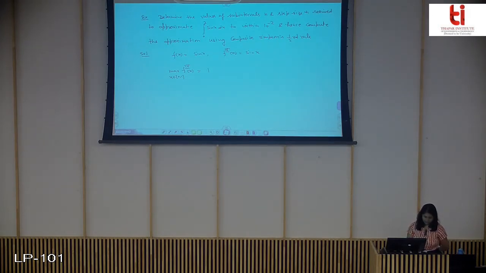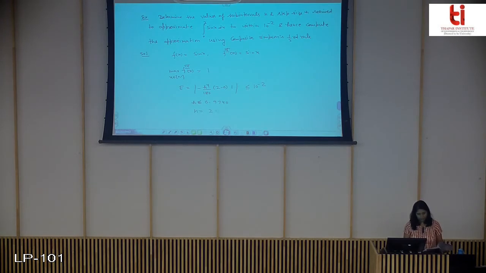And the error will be minus h to the power 4 upon 180 times b minus a, where b minus a is 2 minus 0, times the maximum value, and that should be less than or equal to 10 raised to minus 2. The value of h can be computed from here. The value of h is 0.9740, and n we can compute on the same basis.